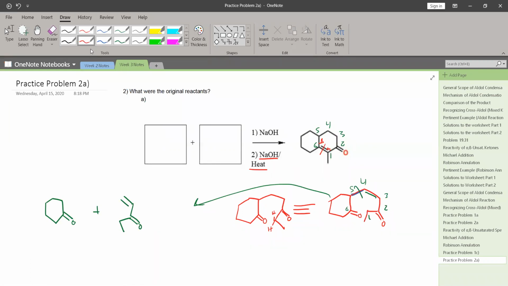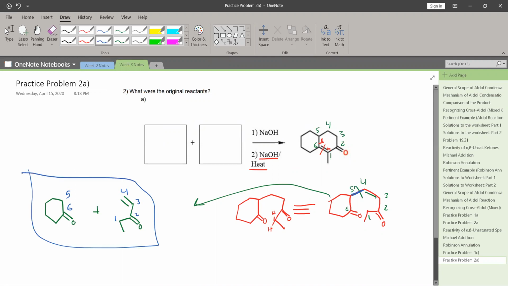This alpha beta unsaturated ketone. Now, again, I'm going to label the carbons again. So this will be 1, 2, 3, 4. Now, the thing is 5 and 6 come from the other ketone right here. And so these are going to be our original reactants and how you should view some of these products.